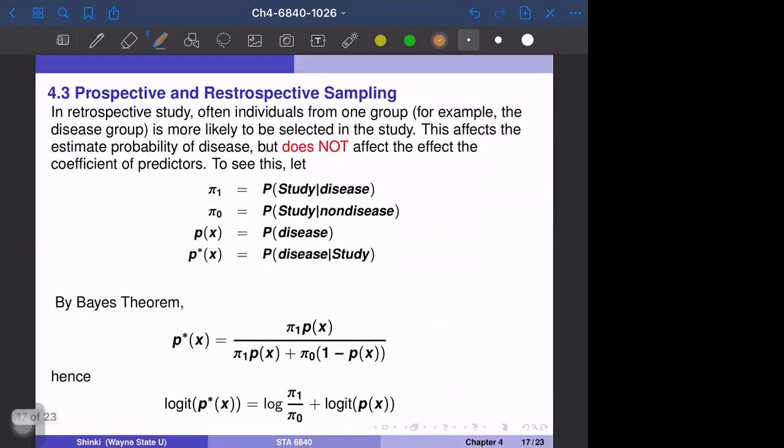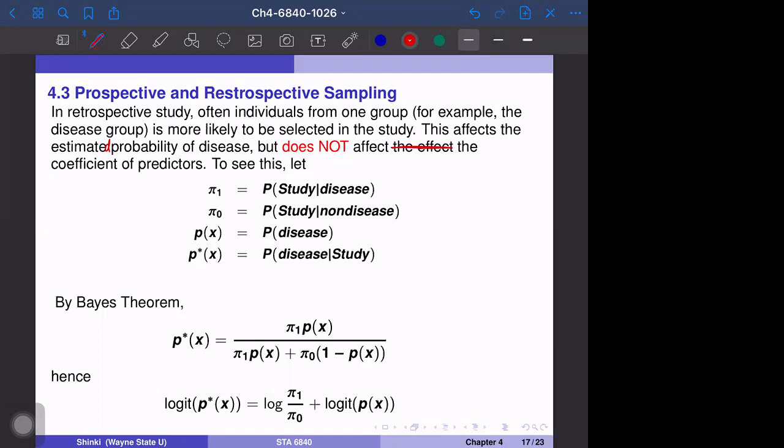Yeah, and one thing we have to be careful about is that in a retrospective study, often the individuals from one group, for example the disease group, are more likely to be selected in the study. So we have a kind of sampling bias. This affects the estimated probability of disease, of course, because there are more observations from the disease group, but does not affect the coefficients of the predictors.